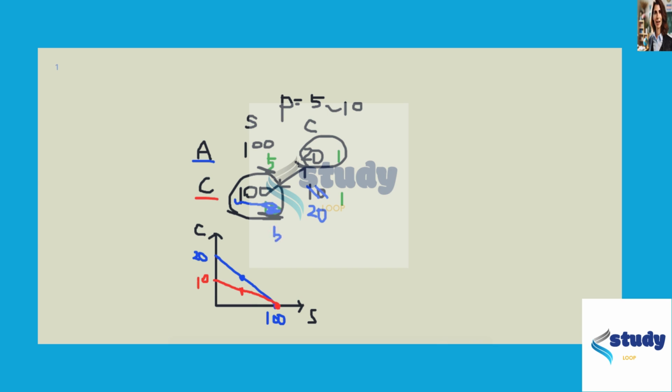I should use green to indicate the ratio. So 5 to 1, and also 5 to 1 for America. In this case, since no country has a comparative advantage in producing either good, they will just stop trading. Each of them will consume their own domestically produced products.